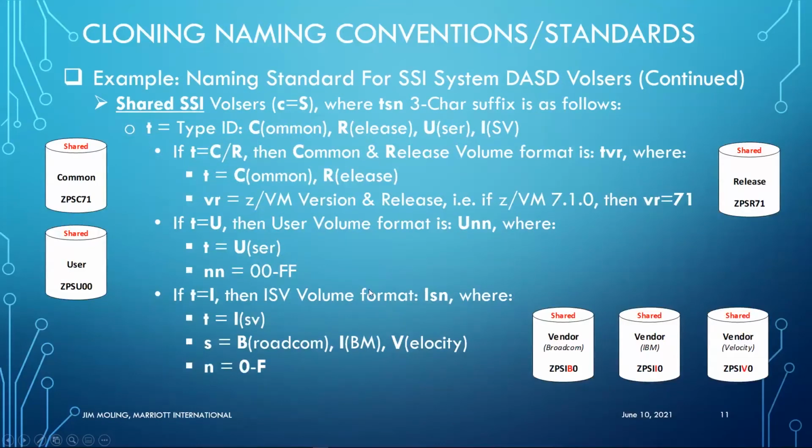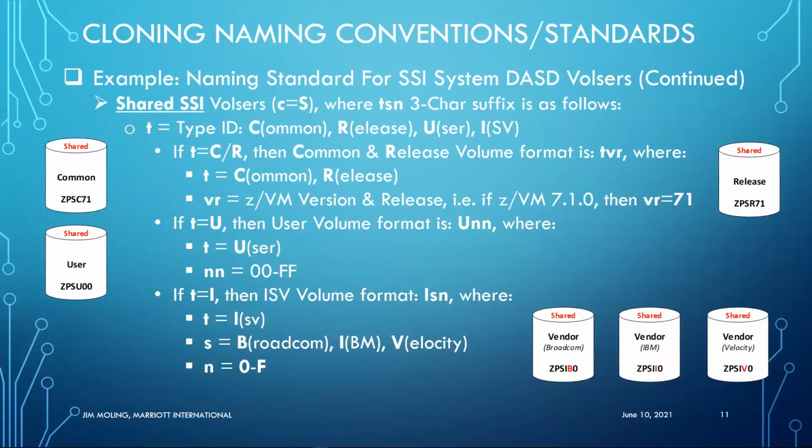Here are some examples. We're now looking at the shared volume side of the naming convention. So when that third position, the category position, is an S, then it's a shared volume.